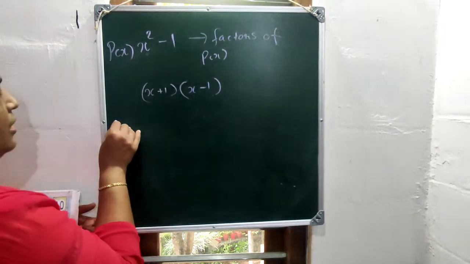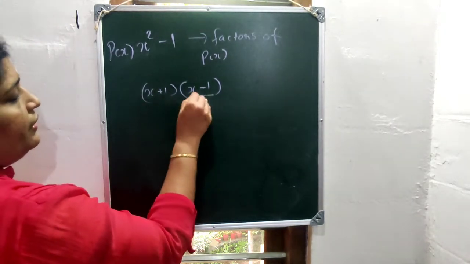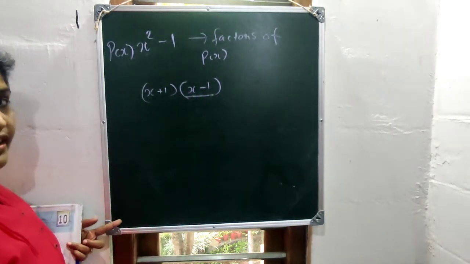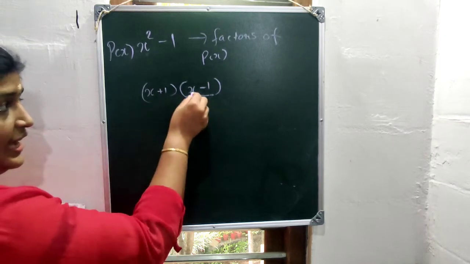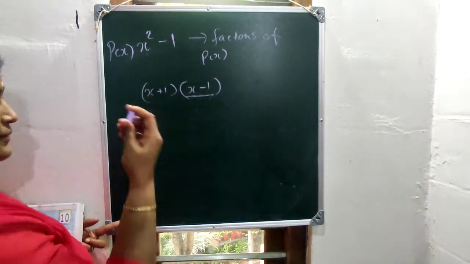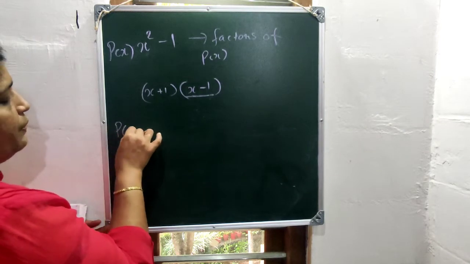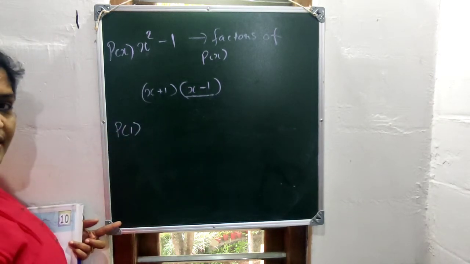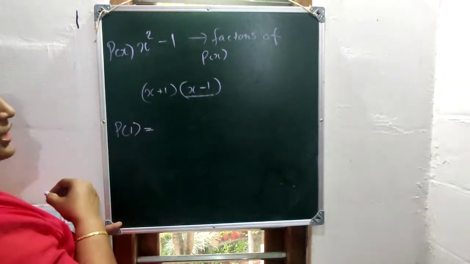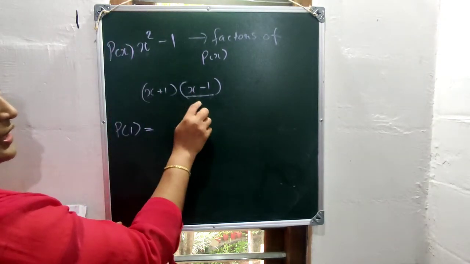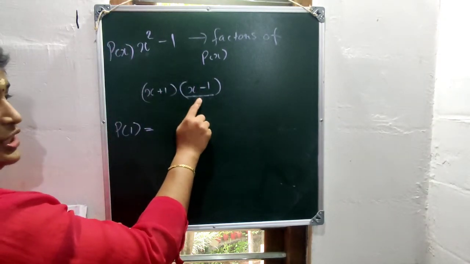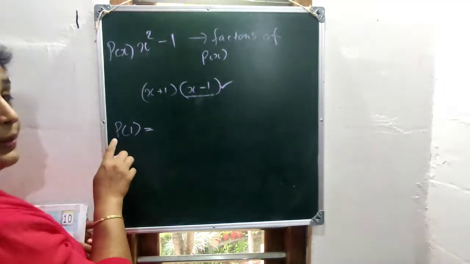Then, here we have x minus 1 is a factor, right? Then what about p of 1? If x minus 1 is a factor, we have p of 1.